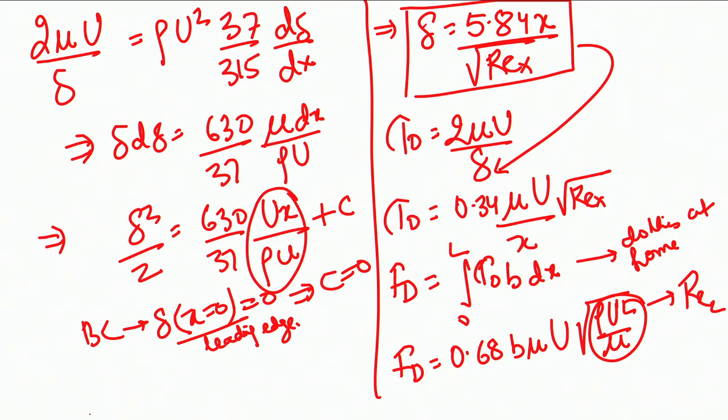And lastly, what remains is the drag coefficient. CD is given by FD divided by half rho A capital U square. Alright, so FD, you know, everything is known. So okay, I'll just show in a little more detail.